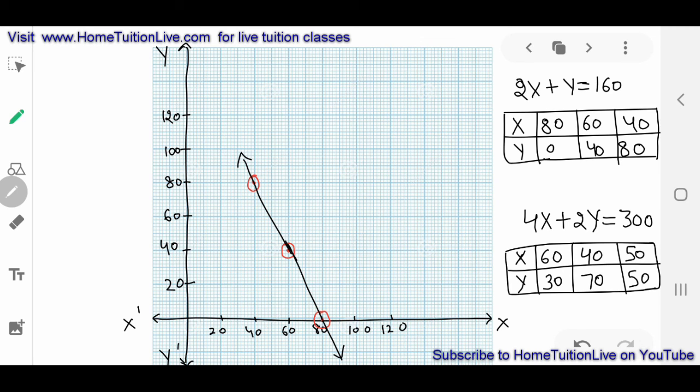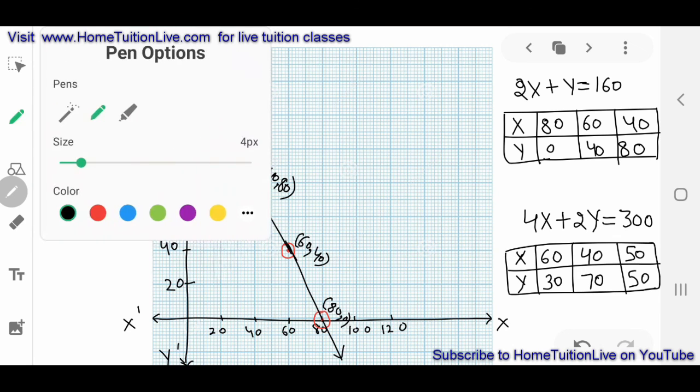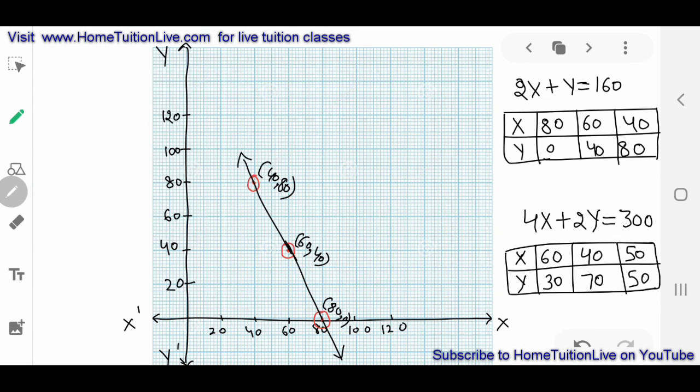So now give the values to the points. x is 80, y is 0. Next is x is 60, y is 40. Now x is 40 and y is 80. Now for the second line, same way, x is 60 and y is 30.